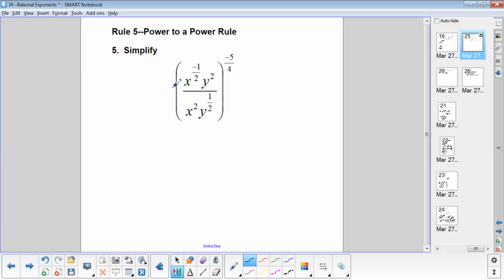Okay, final one. We're going to take every term to the -5/4 power. So x to the -1/2 times -5/4 is 5/8 times y to the -10/4 divided by x to the -10/4 times y to the -5/8.